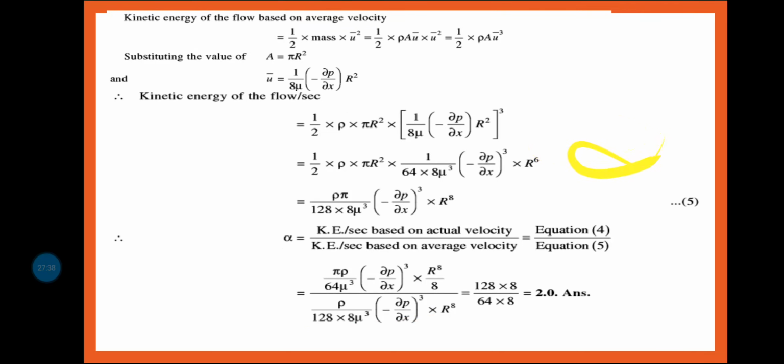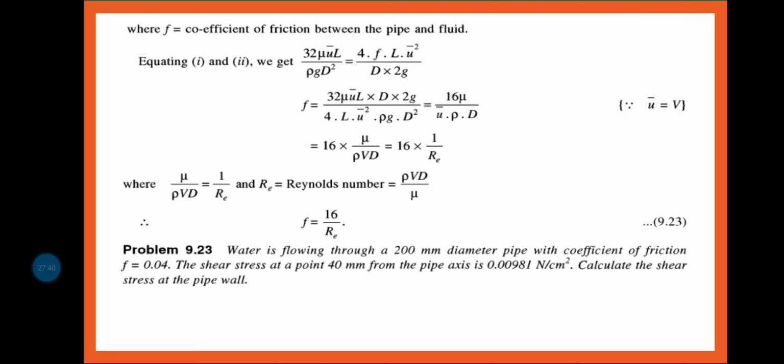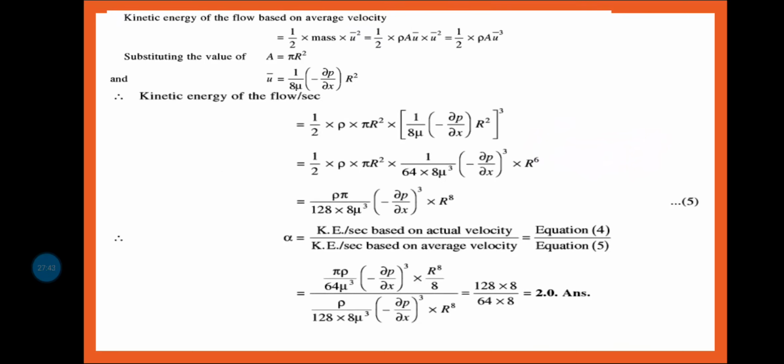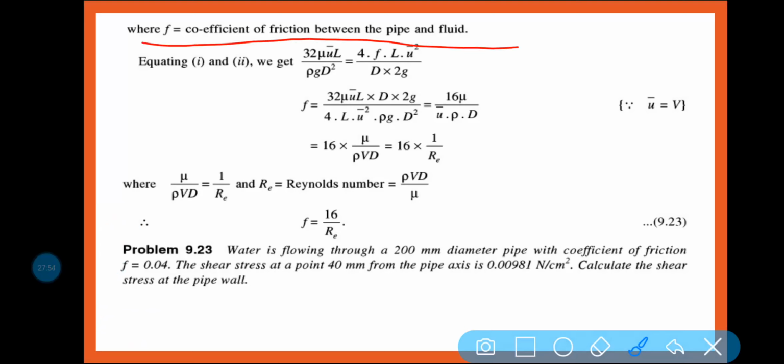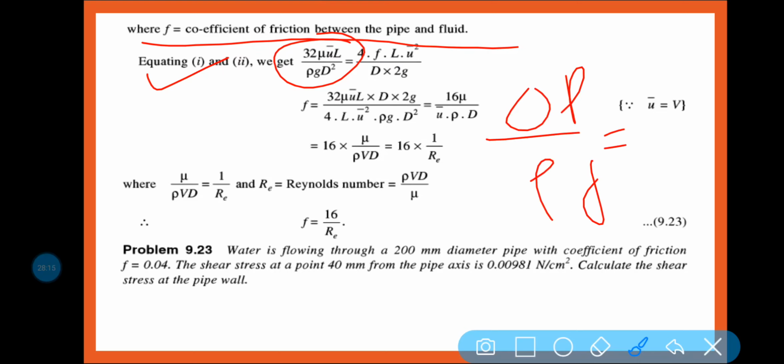Am I right? So I hope it is clear. Now you can see this, what I have seen, this ratio alpha is equal to 2, and f is the coefficient of friction between the pipe and fluid, and we know that this is your pressure head, that is your head loss due to pressure, delta p by rho g is equal to this.